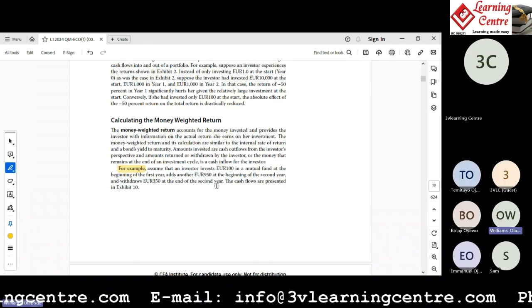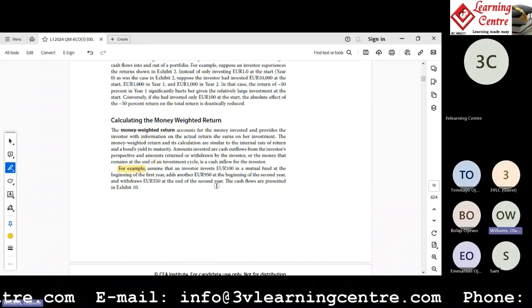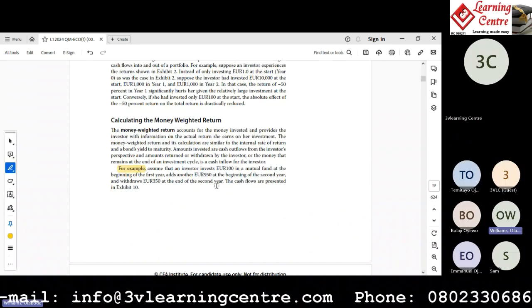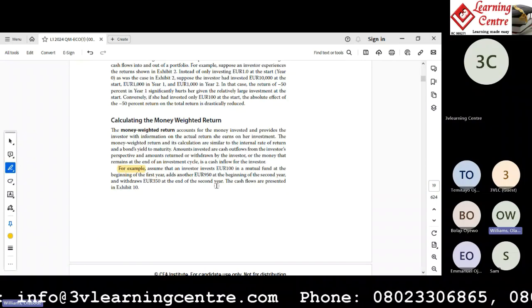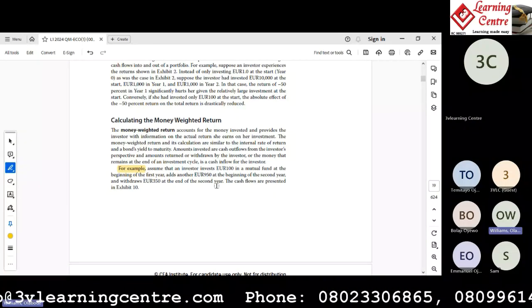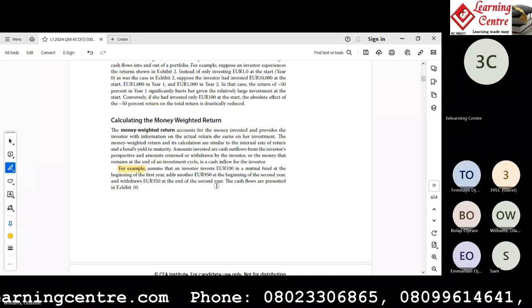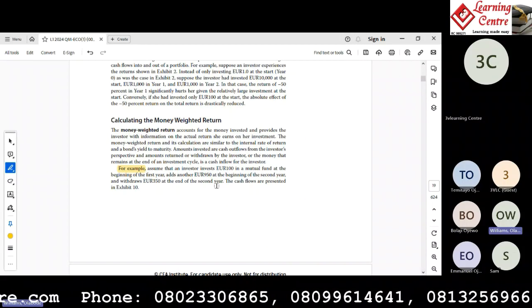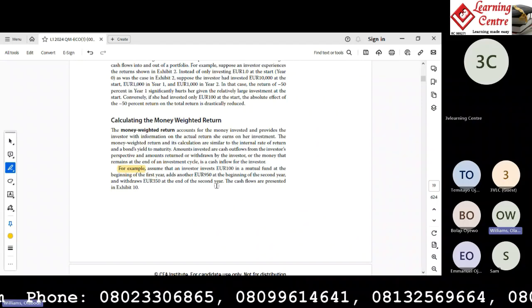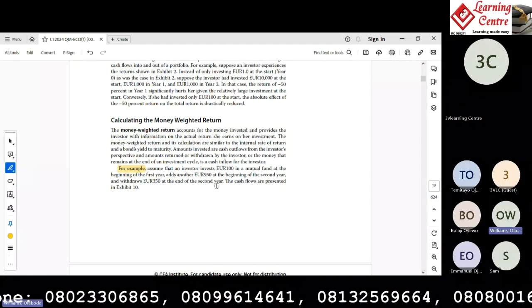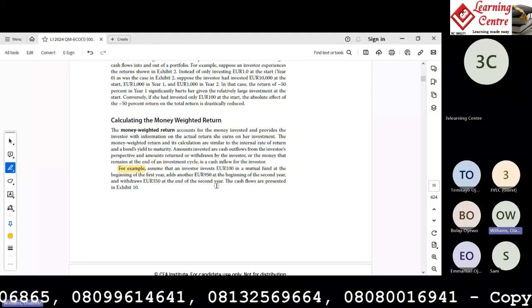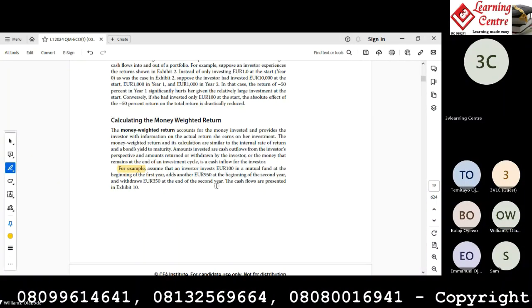So let's go back to this example. Assume an investor invests 100 euro in a mutual fund at the beginning of the year. Is that 100 euro a cash outflow or a cash inflow? Cash outflow. Correct. You take the position of the investor, and any money that leaves you is a cash outflow. And adds another 950 at the beginning of the second year. Is the 950 a cash outflow or a cash inflow? Cash outflow.